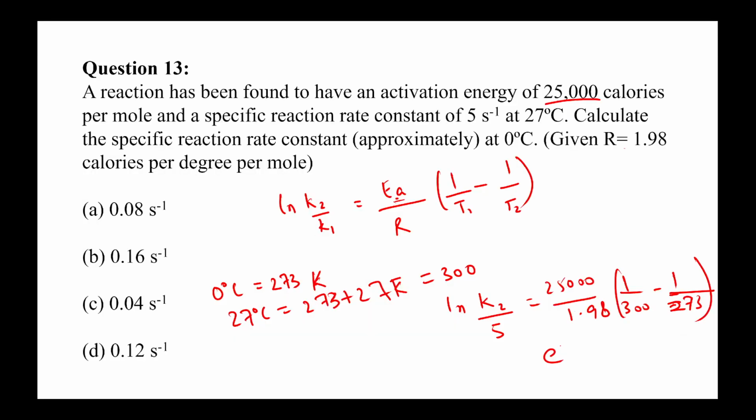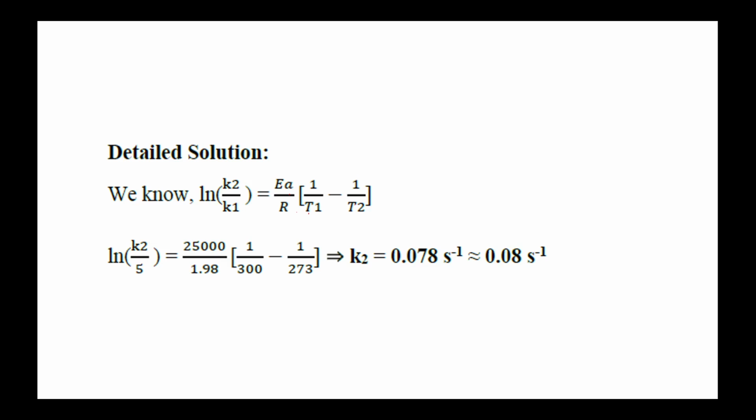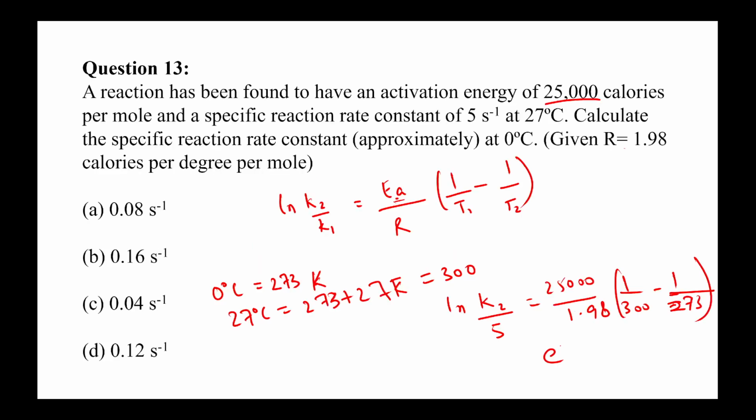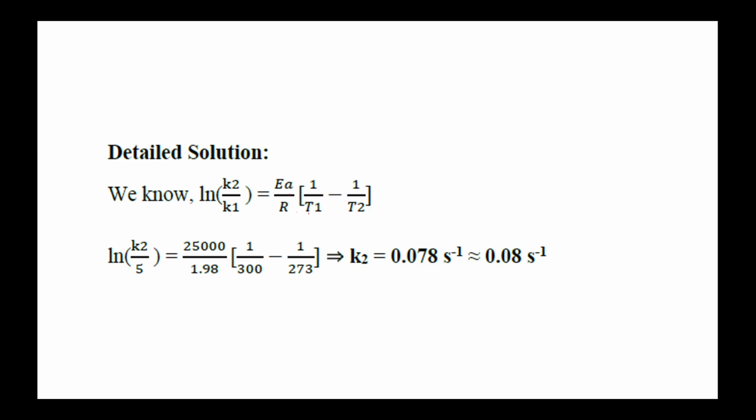Okay, I'll show the solution then. The answer is 0.08 per second. That is option A. So you just have to do the calculation. Divide 25,000 by 1.98 and then solve the bracket part, that is 1 by 300 minus 1 by 273. Solve this whole thing.